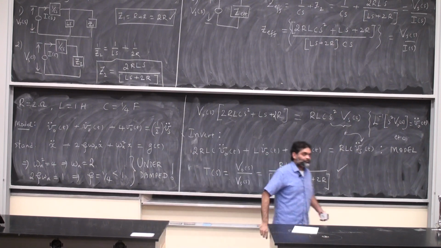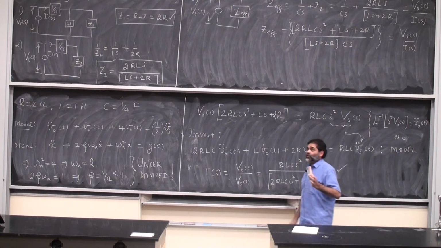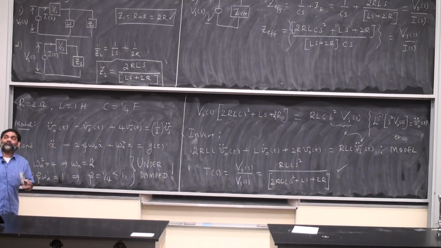It's an underdamped system. Okay? Not only is it underdamped, the zeta value is 1/4, which is 0.25, which is less than 1/√2, which is 0.707. So I have a physical peak in my problem.